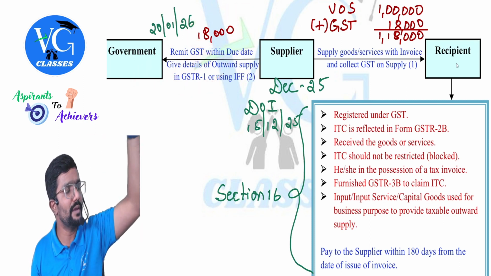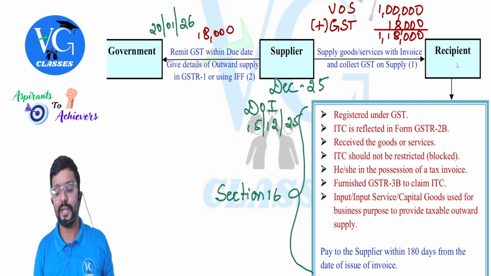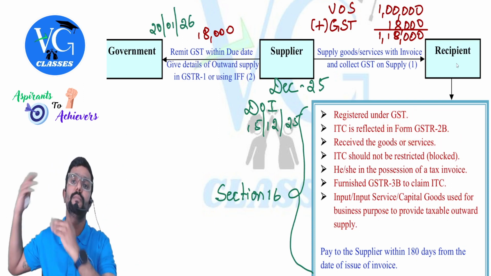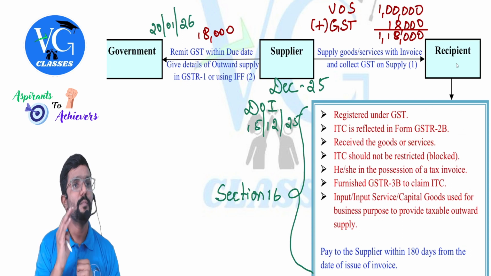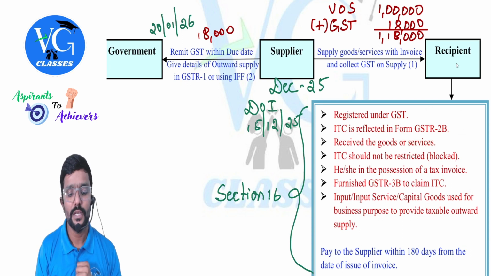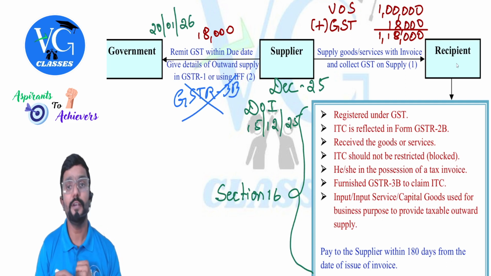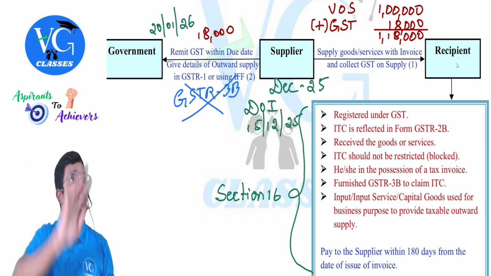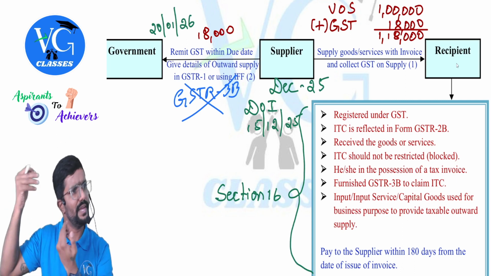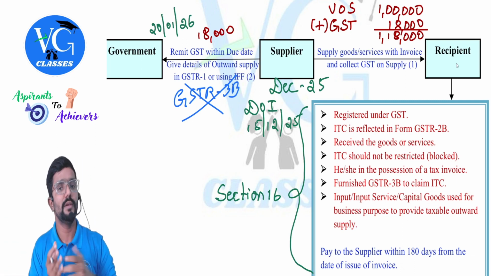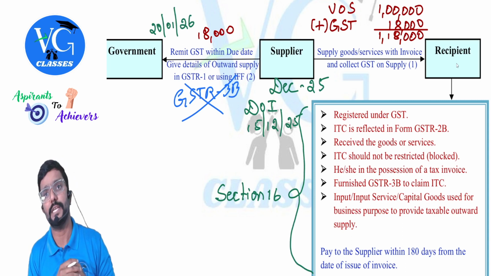Game over? Yes. The recipient claimed the credit. It appeared to him, he claimed the credit. But the problem was the supplier didn't file GSTR 3B. Supplier. The recipient has filed it. He has claimed the credit through GSTR 3B. But the supplier didn't file it.